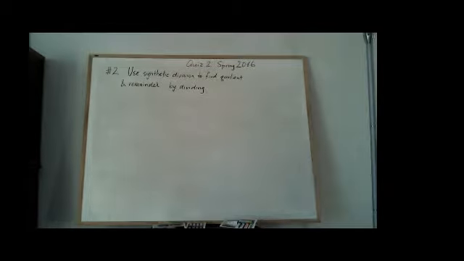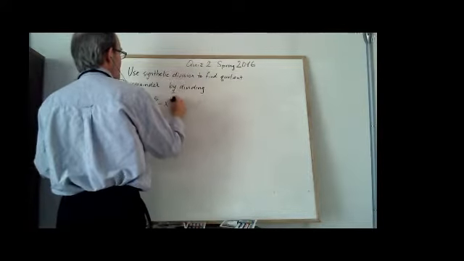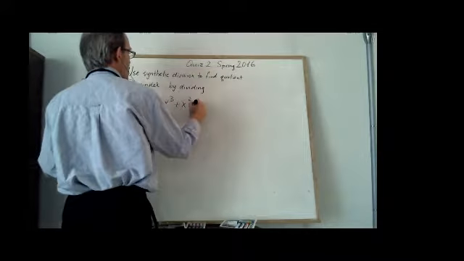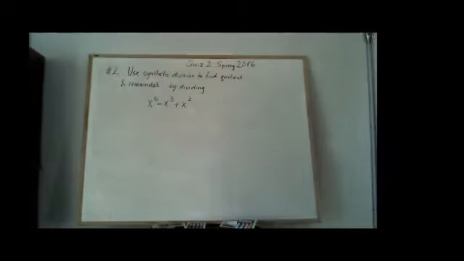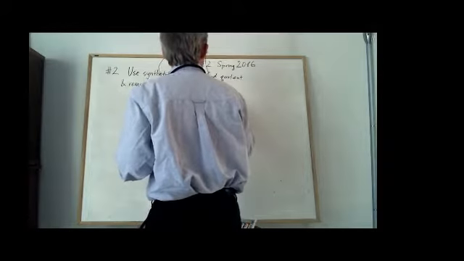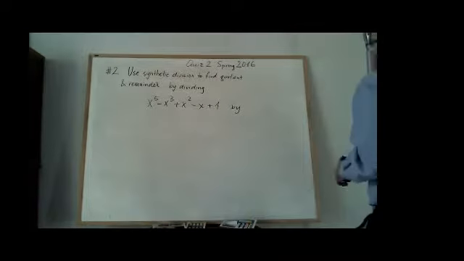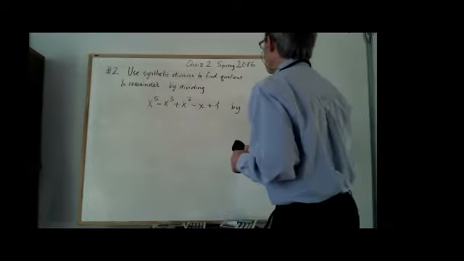So x to the fifth minus x cubed plus x squared minus x plus 1. We want to divide it by x minus 1.